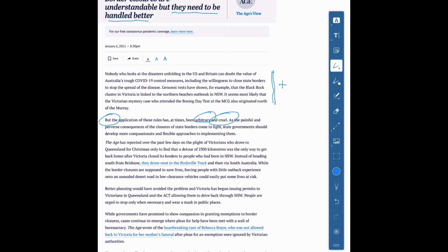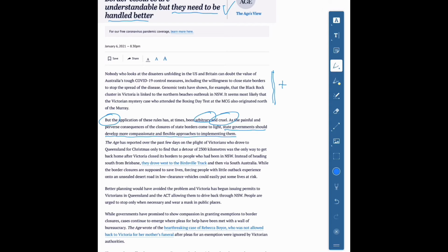So what I would highlight here in the second paragraph is the second half of the last sentence. Here I underline this: the state governments should develop more compassionate and flexible approaches to implementing the policies. If you connect this to the title, this repeats the second half of the title, they need to be handled better.